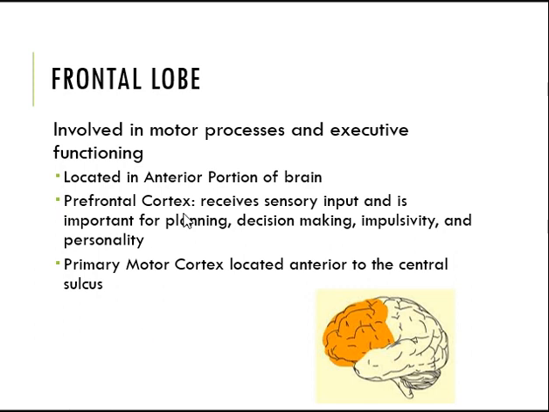So there are 2 important anatomical classifications. The anterior portion of the frontal lobe and the posterior portion are responsible for different things. Remember, the anterior portion is closer to your nose, and the posterior is closer to your back.